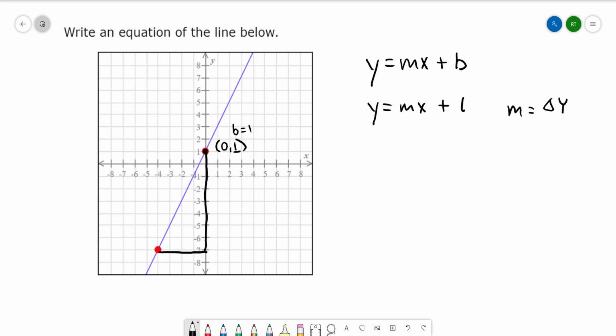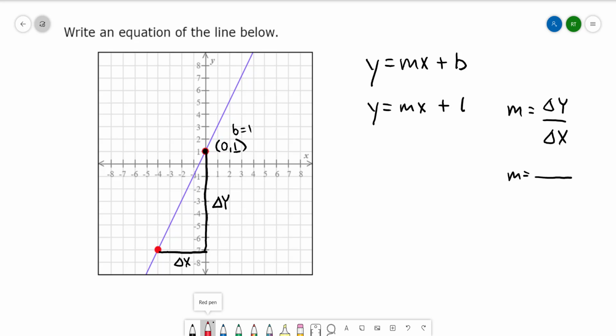So m again is change in y over change in x. And all that means is find the length of each side of the right triangle. Actually, let me label. This side here is the change in y, so the length of this side, and this side is the change in x.